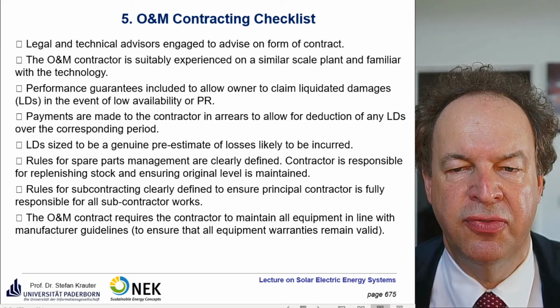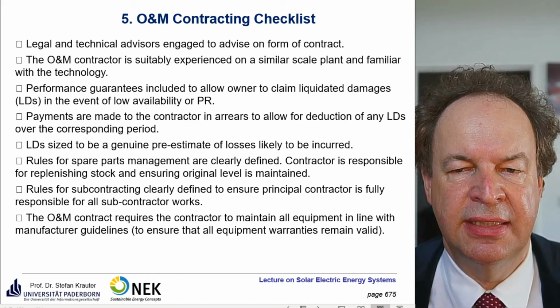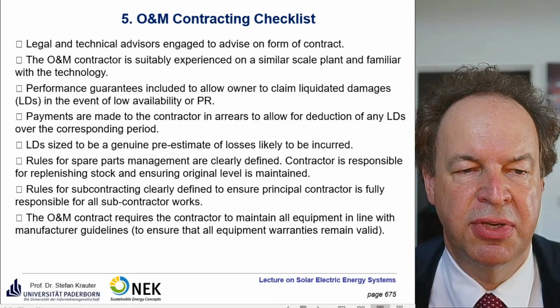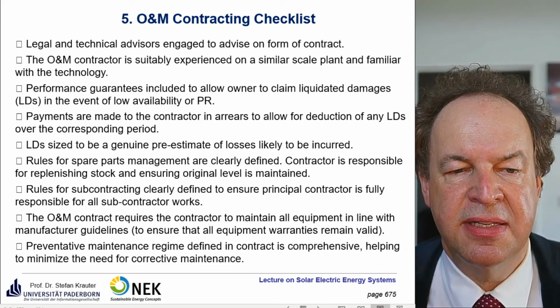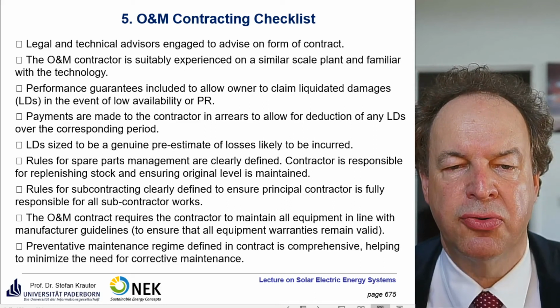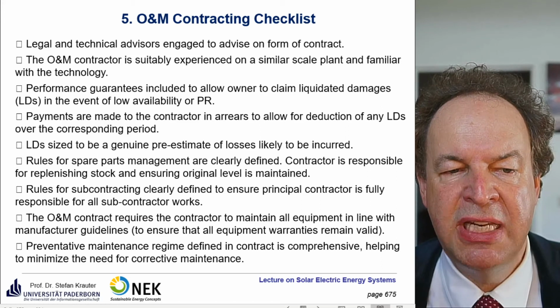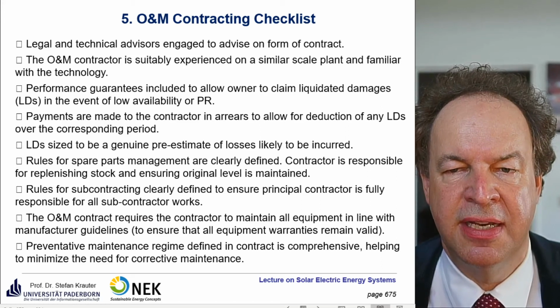That's also important. If you modify something, then the warranty may not be valid anymore, and this is a serious issue. The preventative maintenance regime defined in the contract is comprehensive, helping to minimize the need for corrective maintenance.